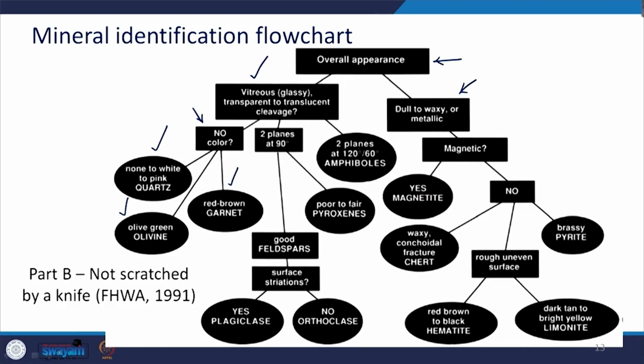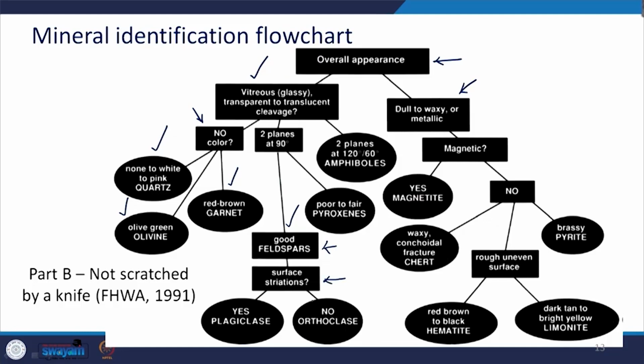In case you have 2 planes at 90 degrees, and those planes are very well defined, that is good, then you have feldspars, and then we need to check whether there are any surface striations or not.